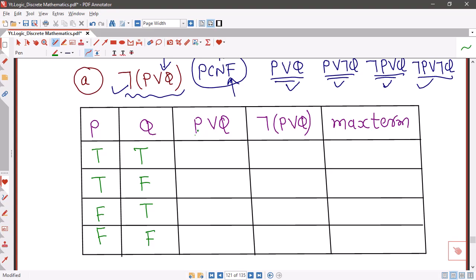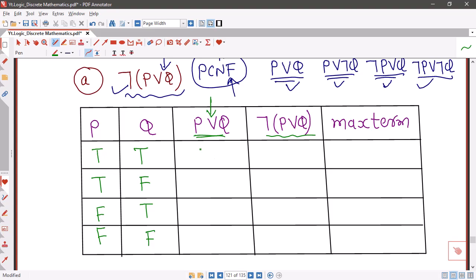Now here first I have to write P or Q because I require negation of P or Q. We know that if we have the disjunction operator, then P or Q is true if either P is true or Q is true or both are true, and it is false in the case that both are false.